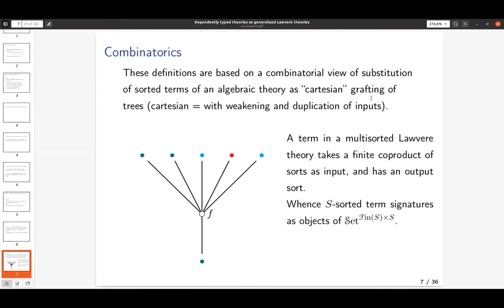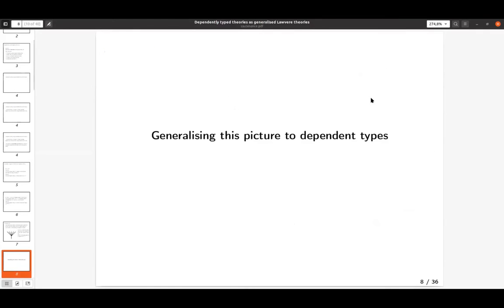And so a term, or a term symbol if you like, in a multi-sorted Lawvere theory looks like an operation that takes a finite coproduct of sorts as an input and has an output sort. And this is why Cartesian S-sorted term signatures are objects of this presheaf category. Right, so this is the setup that I'd like to generalize to dependent types.